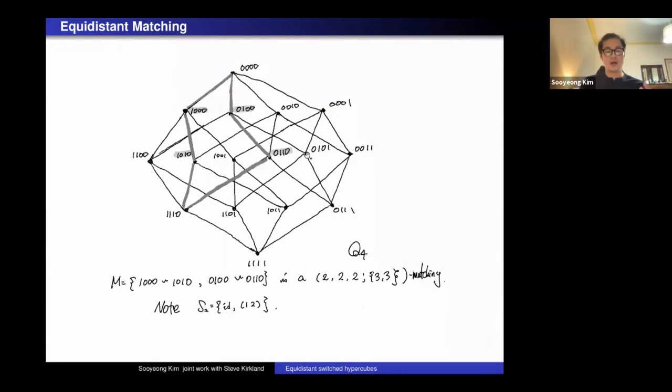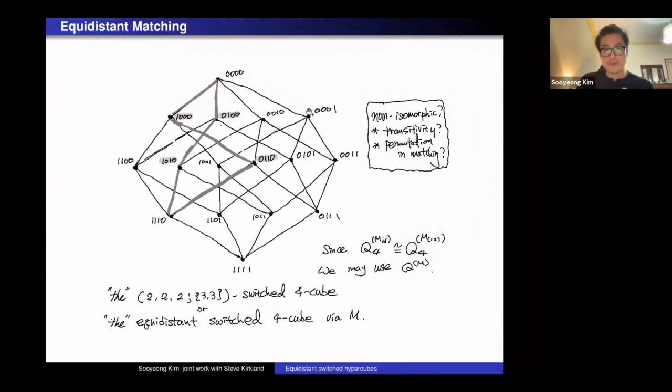Then how can you say whether the resulting graphs are isomorphic or not? Because if the two resulting graphs, obtained by switching these two edges and these two edges, are non-isomorphic, then we have to consider two graphs when you think about equidistant matching with this parameter.